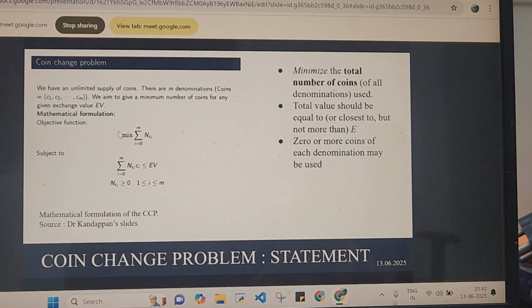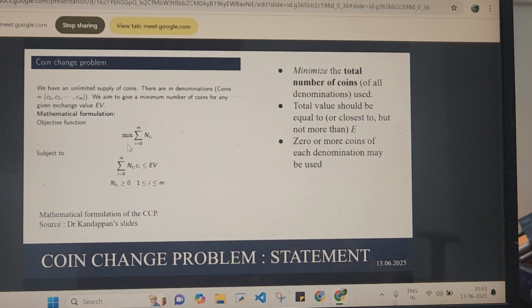Exchange value is EV. Your objective is to minimize the summation NCi. NCi is the total number of coins of the Ci'th denomination. So NC1 refers to how many coins you have used of denomination C1, NC2 how many coins of C2, and so on.